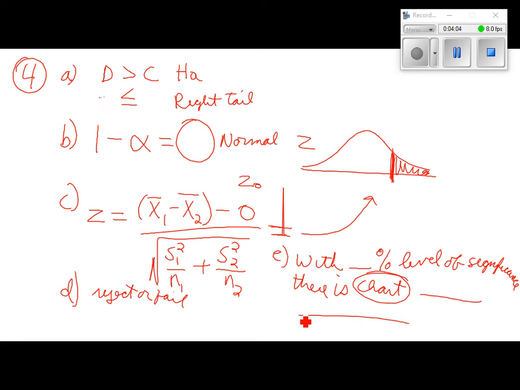So in this one, it's going to say there is not enough, or there is enough evidence, or whichever one it says, to support the claim that the house prices in Dayton are greater than the house prices in Cincinnati. So hopefully that'll help you with number 4. Key thing here that I'm showing you is that's the formula you got to use to find your Z sub 0.